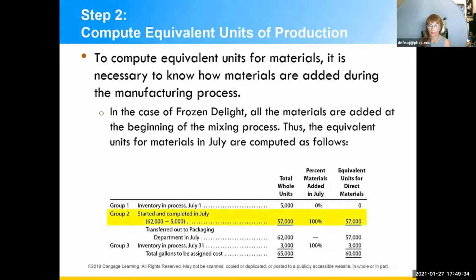The 57,000 units started and completed in July are 100% complete as to materials. The 3,000 units in process at the end of July are also 100% complete as far as materials are concerned. Therefore, the total equivalent units for direct materials for July is 60,000 units.